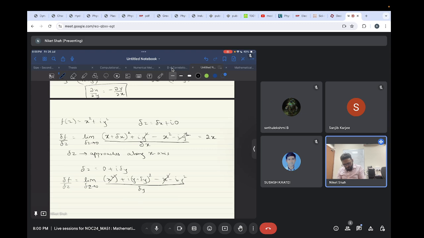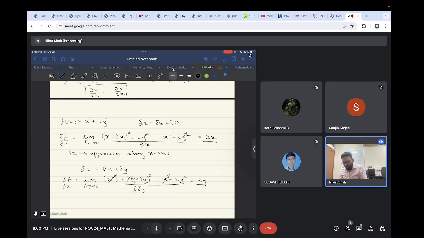I into y square, this also goes away. Oh, sorry, here also in the denominator there is an i. So this i also gets cancelled. In the denominator also there is an i, of course. So the i gets cancelled. And what I'm left with is just simply 2y. The del y also gets cancelled from numerator and denominator. So what I'm left with is just 2y.